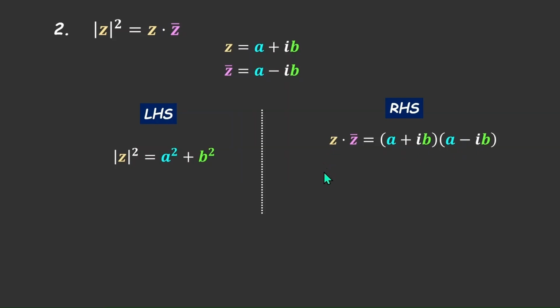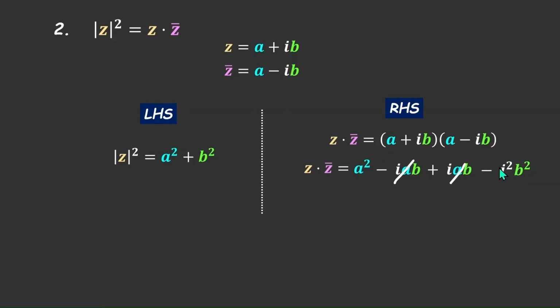So z into z conjugate is equal to a into a is a square, minus i into ab, plus i into ba, so that's i into ab only, minus i square b square. Now you can see minus iab plus iab, so this gets cancelled, and we can use i square is equal to minus 1.